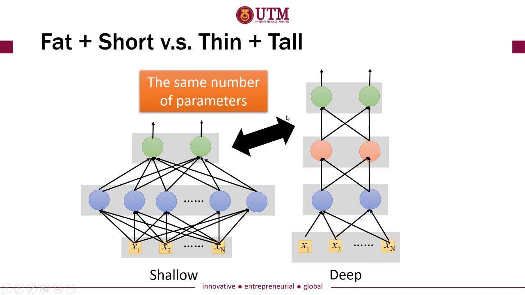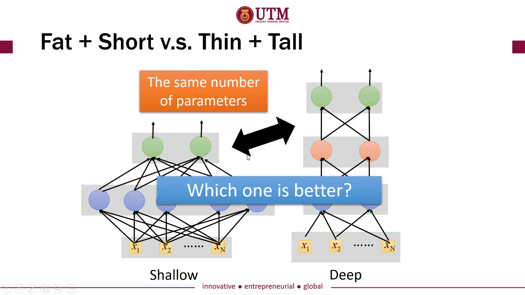This one will have how many? I think you can count it. You assume that the number of W and biases is the same, but the difference is just the architecture. Which one is better in terms of performance, meaning the accuracy in classifying something?